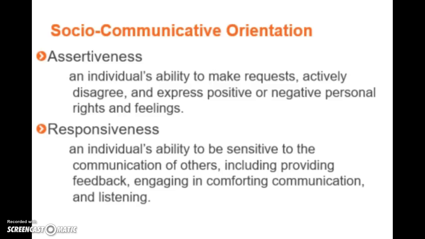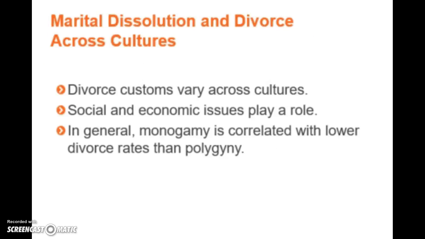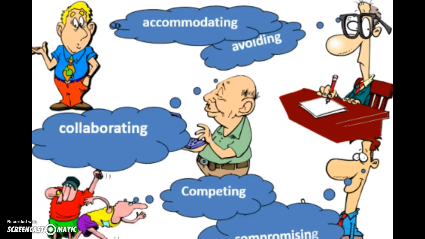So how do we begin to work on some of these aspects? Well, the first thing, as we've said before, is to think about your own background, your own way of dealing with conflict across different cultural backgrounds. Now, you've got to think about who you are as a person. How do you generally deal with conflict anyway? Are you the sort of person who likes to accommodate and just give in?